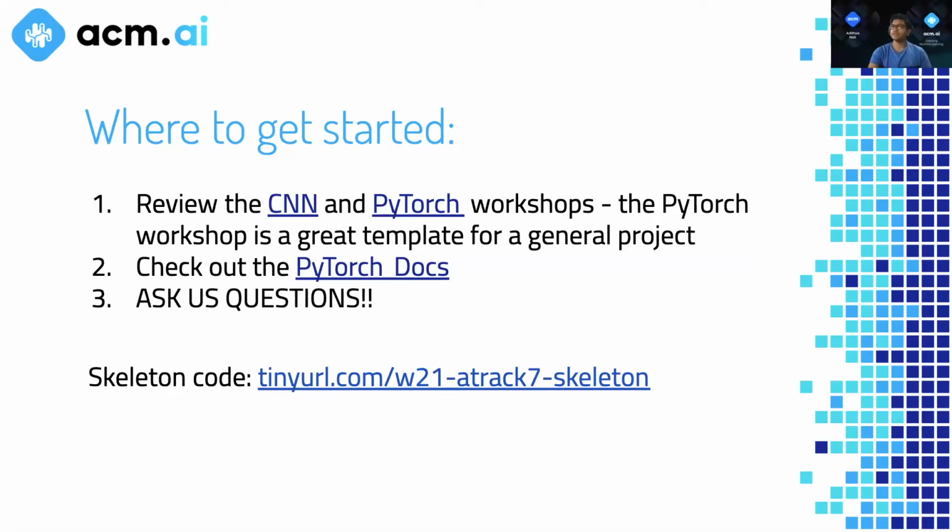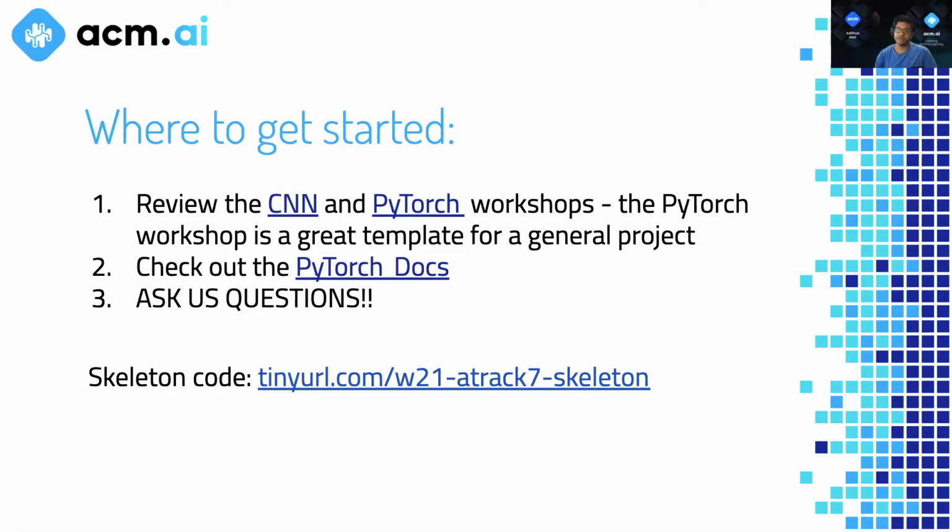Here's the best way to get started. Take a look at the CNN workshop slides that we did about 3 weeks ago. They will be helpful to you because you will need to set your own hyperparameters, like the number of convolutional layers you want, max pooling layers, kernel sizes, all that sort of stuff.